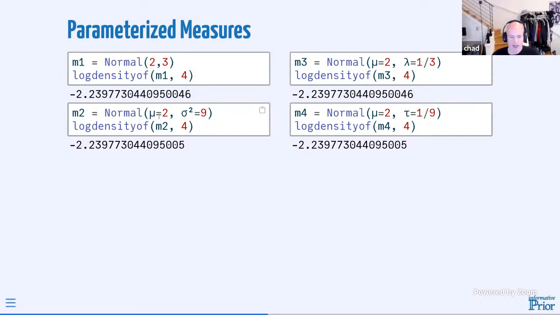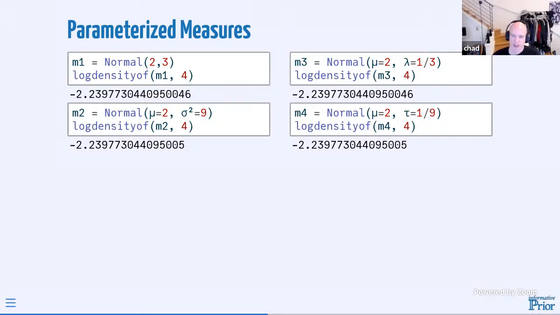But equivalently, I could say mu equals 2 and sigma squared equals 9. Or I could say lambda equals 1/3. We use lambda as the inverse of the standard deviation, like inverse scaling, so lambda is the inverse scale. Sometimes people use the term rate.